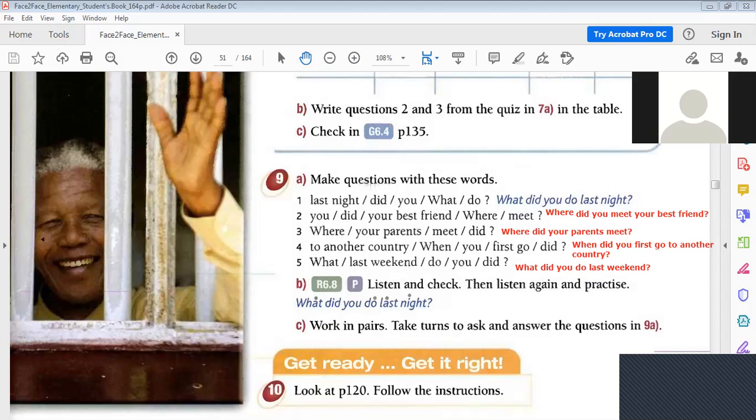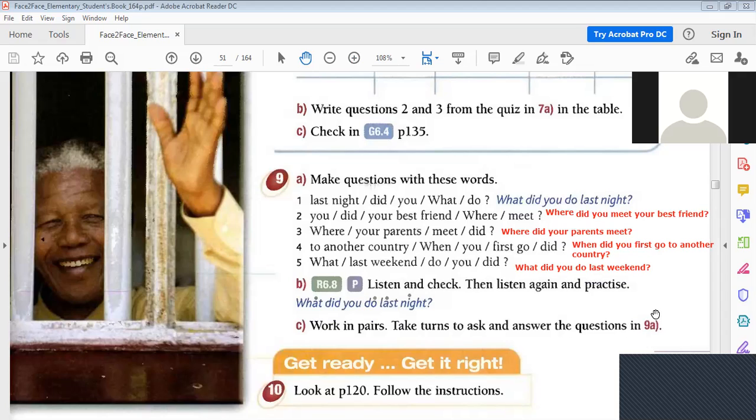4. When did you first go to another country?